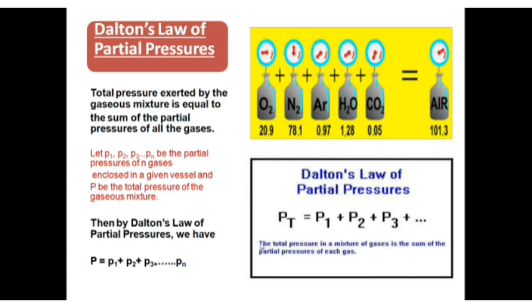So the total pressure P is equal to P1 plus the partial pressures of all other gases present in the same container. This is shown here also: suppose in this container we have a mixture of gases, and these are the partial pressures of each gas, then the total pressure of the mixture becomes the sum of the pressures of the gases in that container. So this is Dalton's law of partial pressure.